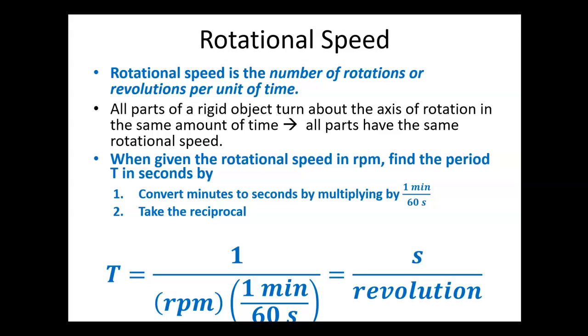The way that we do that is to first convert the minutes to seconds by dividing the RPM value by 60. And then you need to take the inverse, in other words, 1 divided by that number, because a period is how many seconds it takes to make a revolution. RPM is how many revolutions can be made in a certain amount of time.